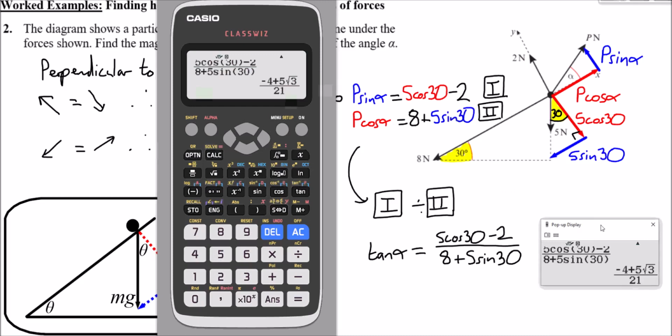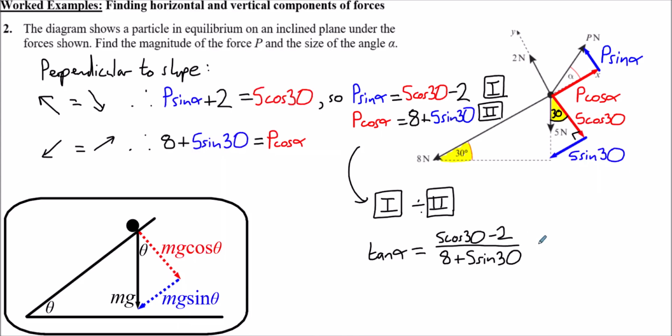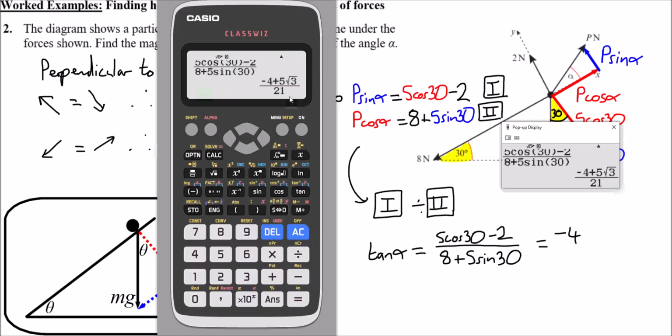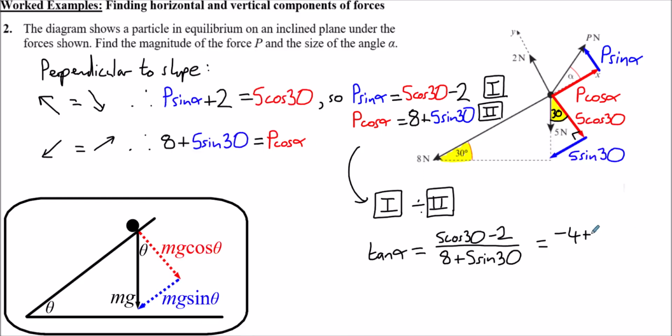So therefore alpha will be tan minus 1 of that.